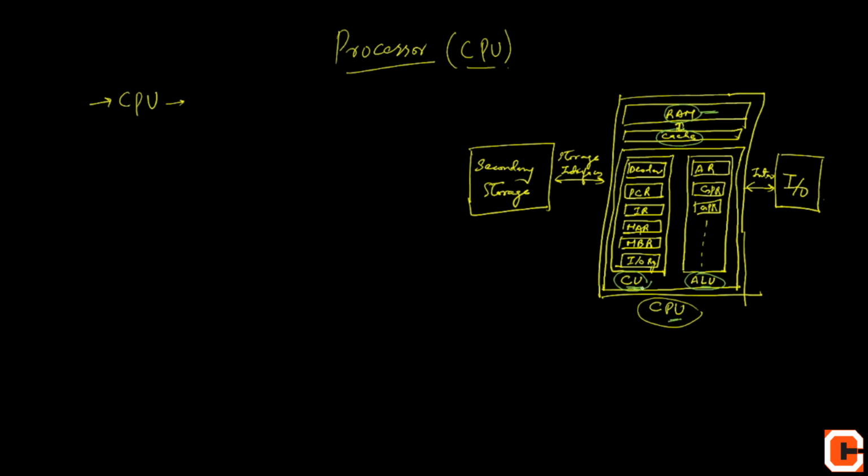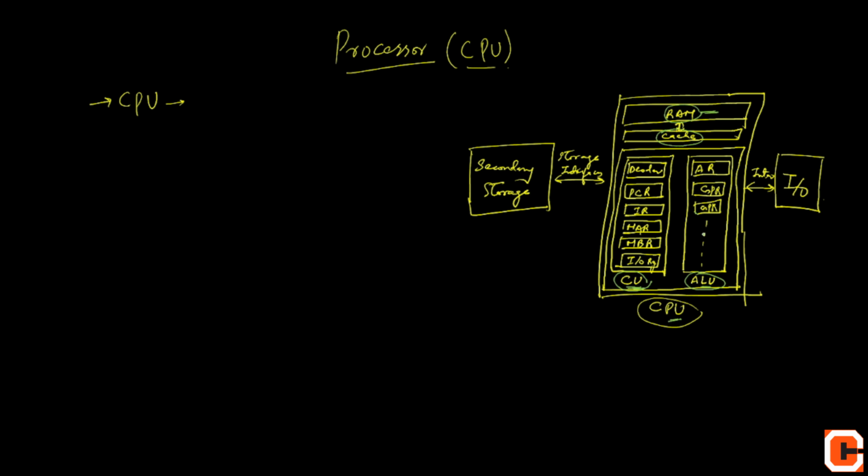In the control unit we have a lot of registers, which have different functionality to process the data. The ALU has other registers as well, which have different functionalities of just calculating that data.